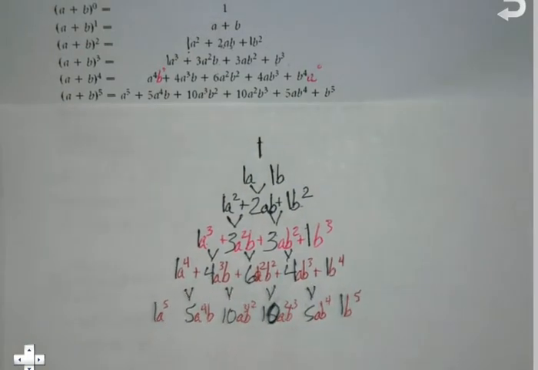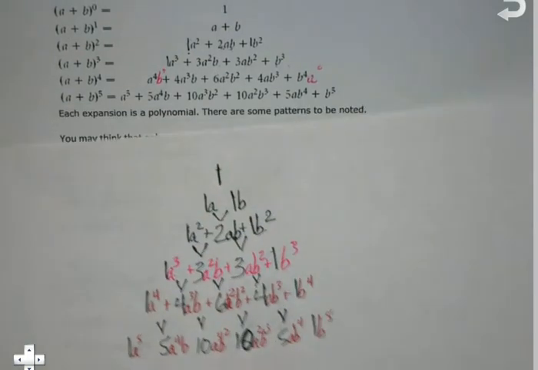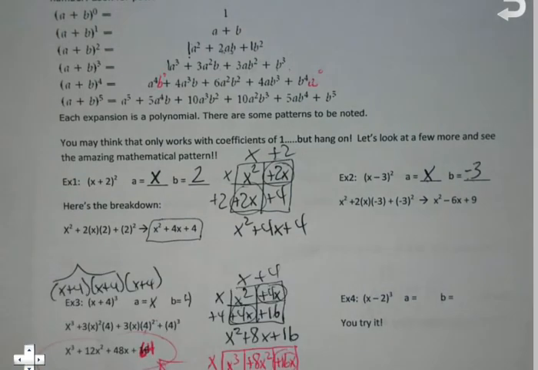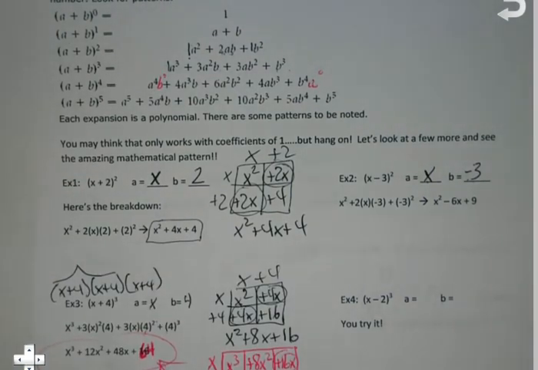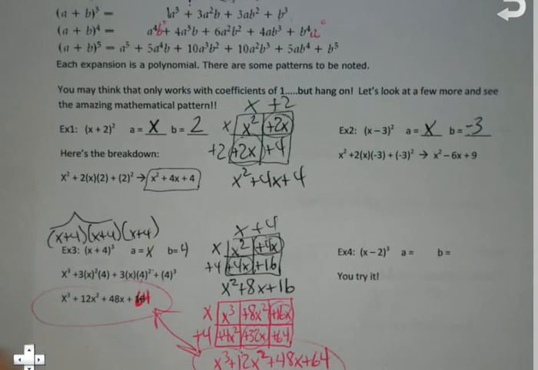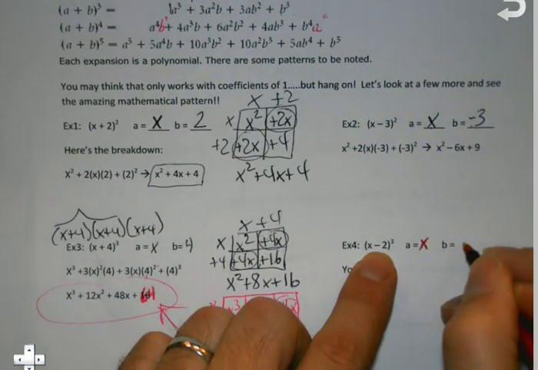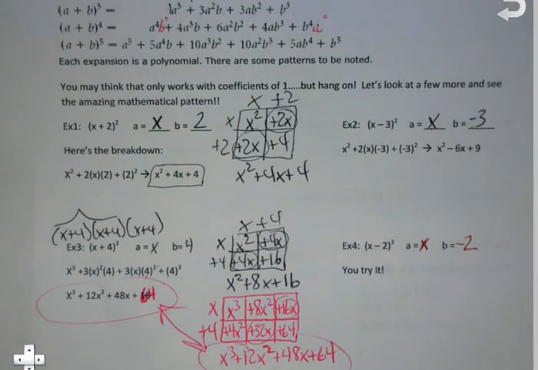The really cool part about this, and we'll see this in a little bit, is I may ask you to find a third term of something. So you're like, do I really want to do all of this work just to find one term? If I know the pattern, I don't have to. So let's see if we can do it here. I've got x, and I've got -2.